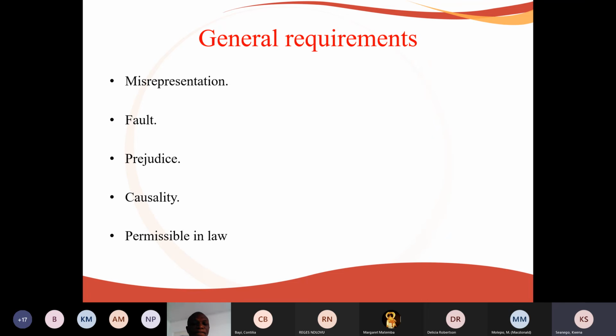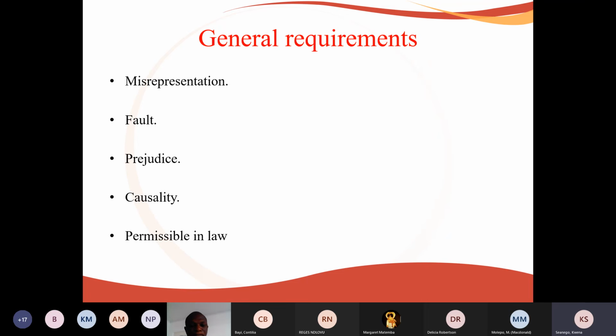Based on the story, it is your duty as an attorney or an advocate to advise your client that, yes, based on the facts you've given me, the client will come to you and give you a story and say, what do I do? If it relates to the law of Estoppel, you should be in a position to advise your client to say, in these instances, you have a claim under the law of Estoppel.